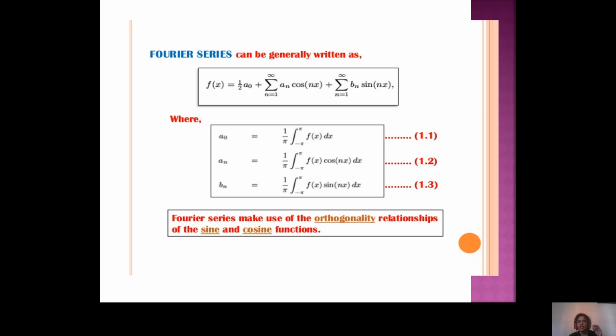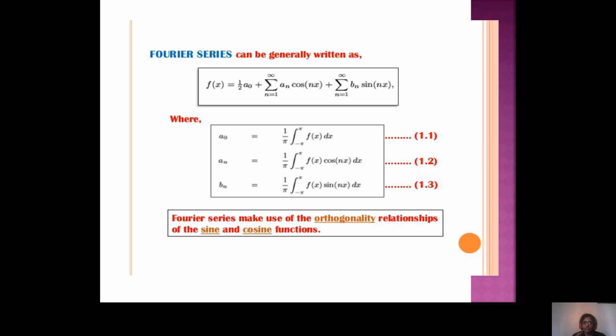The complete Fourier series is represented with the sine terms and the cosine terms. Here a0, an and bn are constant coefficients.